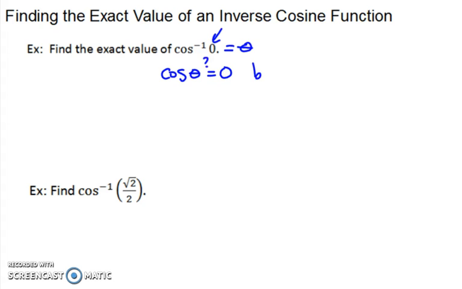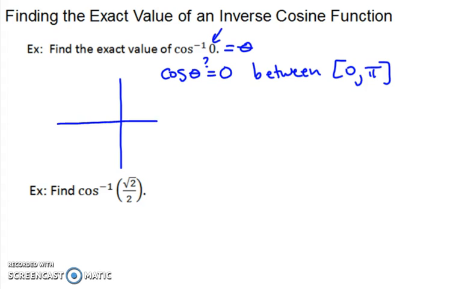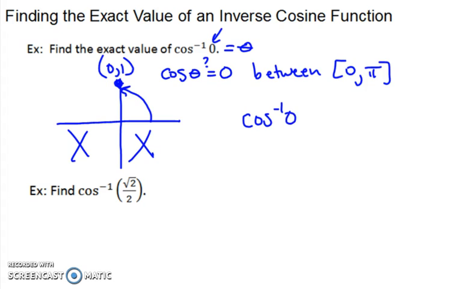Specifically, it's got to be in the 1st or 2nd quadrant, meaning it's between 0 and pi. It's the only place that I'm allowed to graph the arc cosine. So where is cosine going to be equal to 0? There's only one place on there where it's equal to 0, located at the point (0, 1), meaning that angle is at pi over 2. So the arc cosine of 0 is pi over 2.